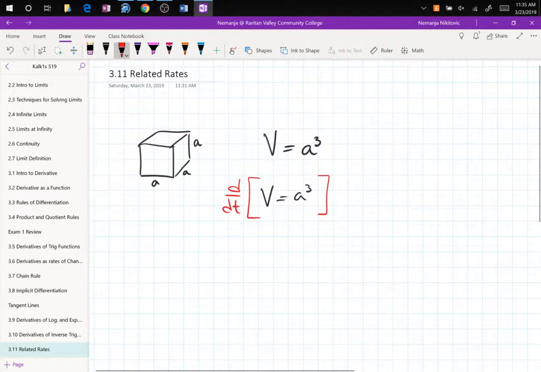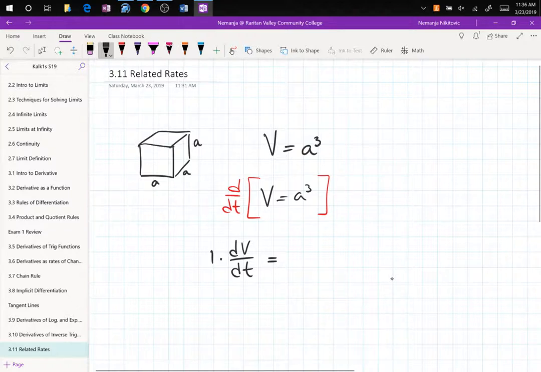I will get the rates of change in time, because you have to wait for the ice cube to melt to lose volume. You have to wait, right? And that's time. So when I differentiate V with respect to t, I get 1 times dV/dt.